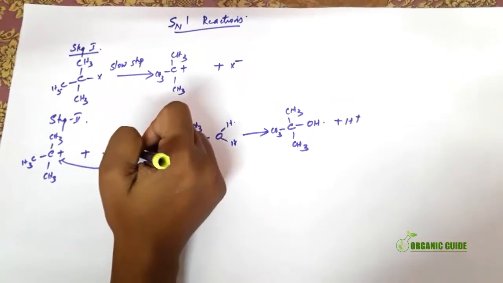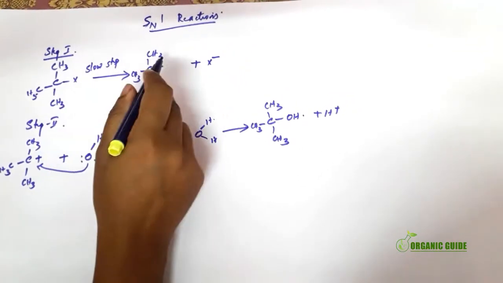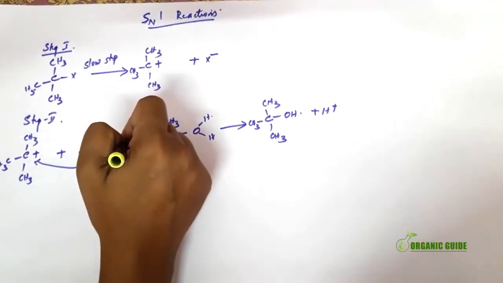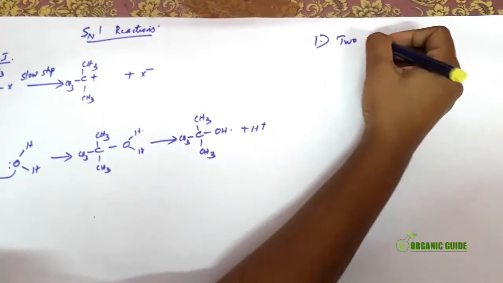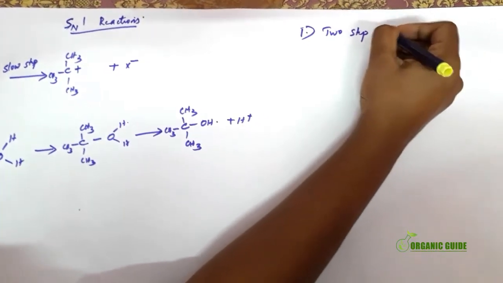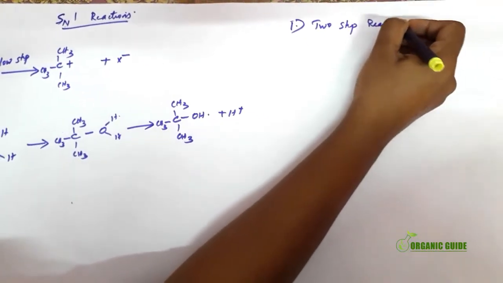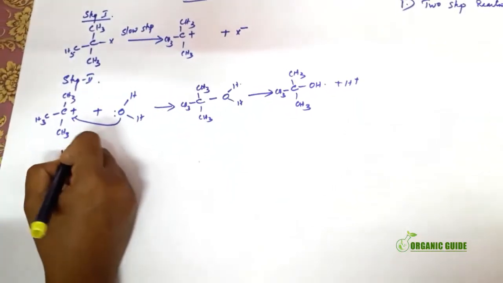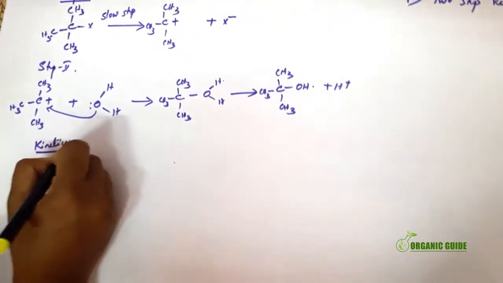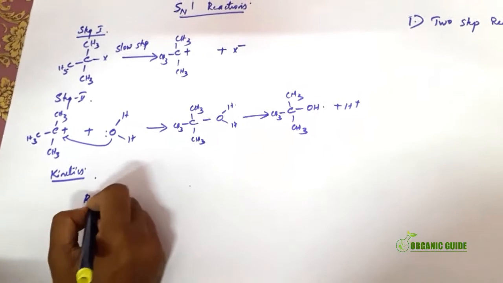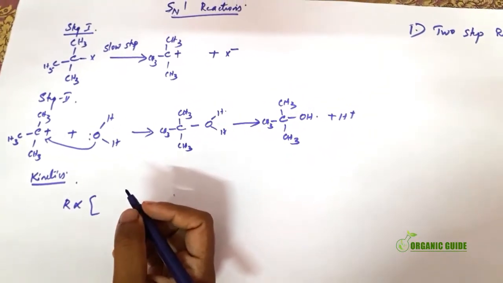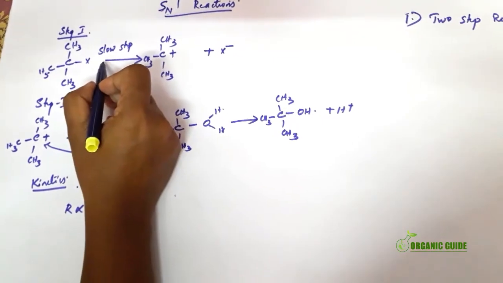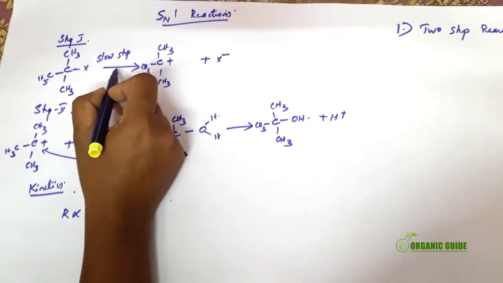One of the main important characteristics of the SN1 reaction: it is a two-step reaction. So the first characteristic, it is a two-step reaction. And moving to its kinetics, rate is proportional to the concentration of reactants in the rate determining step. Here the rate determining step is step 1, that is the slow step.